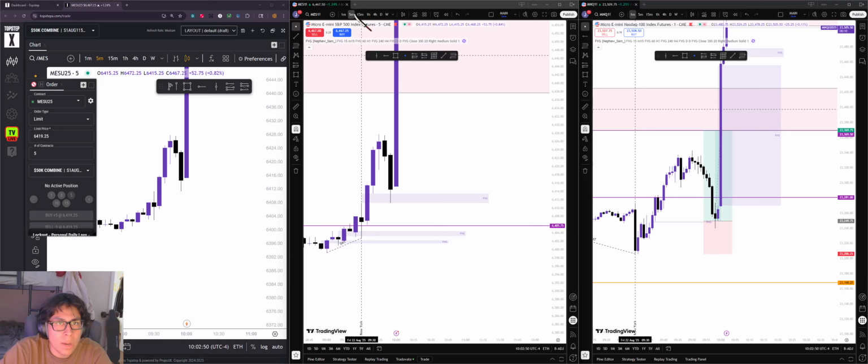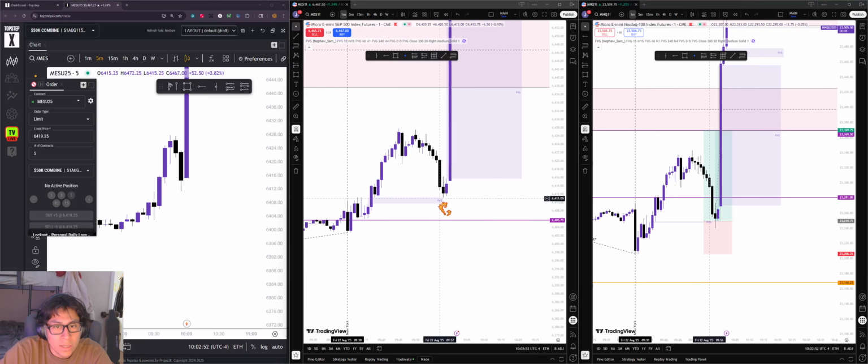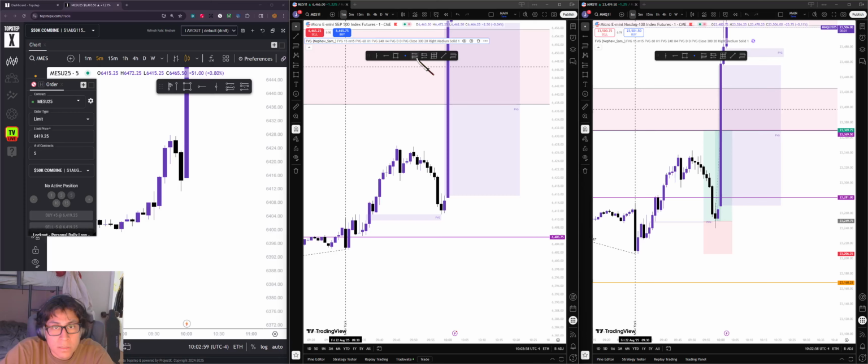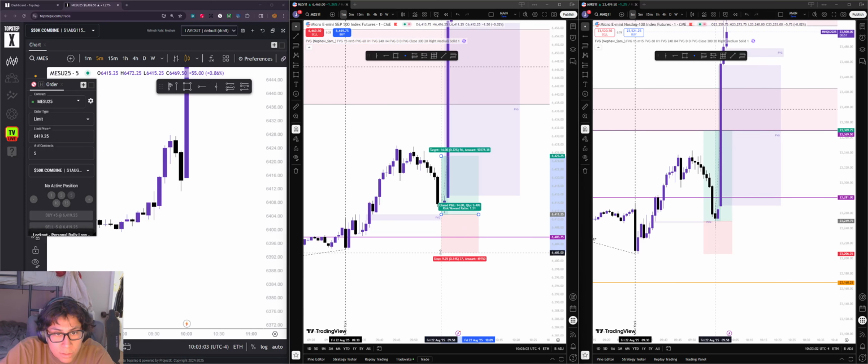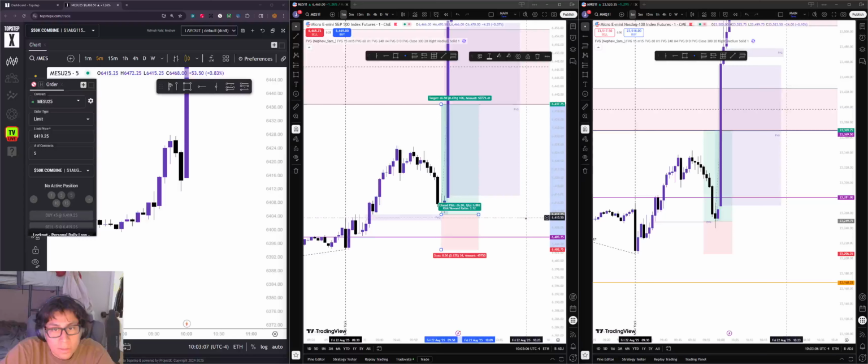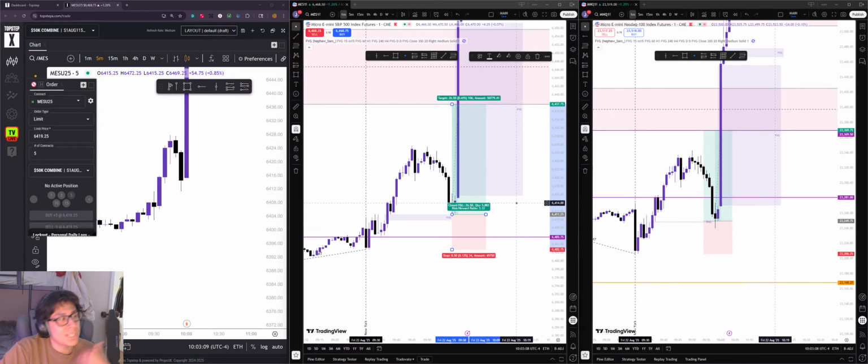Matter of fact, I was gonna put my stop loss right here, but ideally I would have done something like this, a stop loss right here, and shot for this level right here. But so my read was good. Execution has to improve in some sort of way.